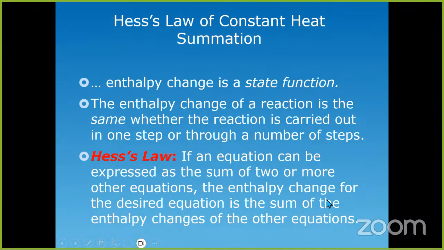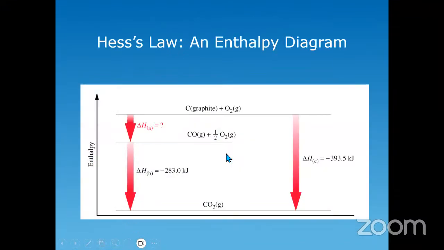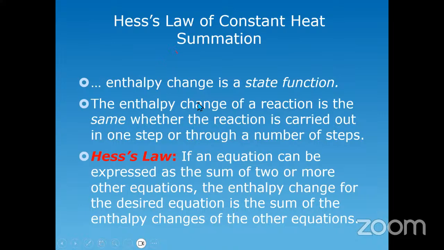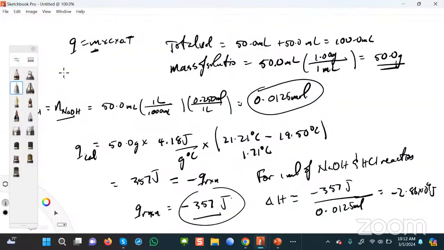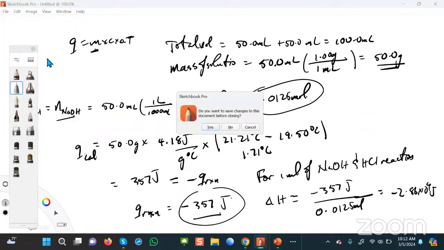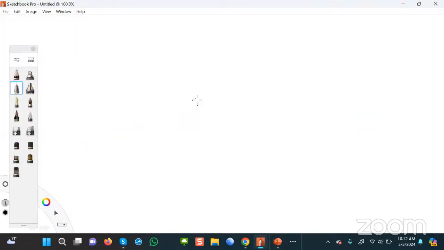Basically what Hess's law is saying is that, let me just give a simple example. Let's say you have a reaction A going to B, and another reaction B going to C, all right?